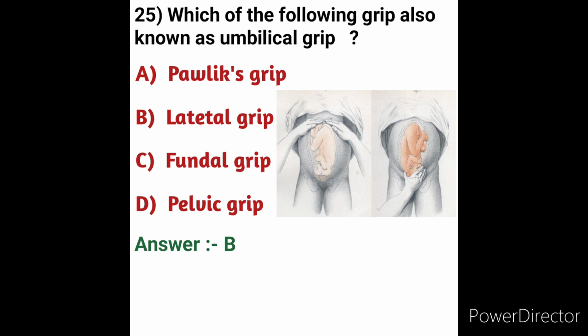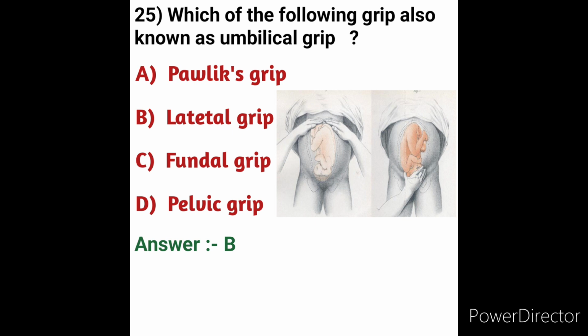First, the right hand remains steady on one side of the abdomen while the left hand explores the right side of the woman's uterus. Here also the examiner must face towards the patient. Through this process we can feel the lateral grip.